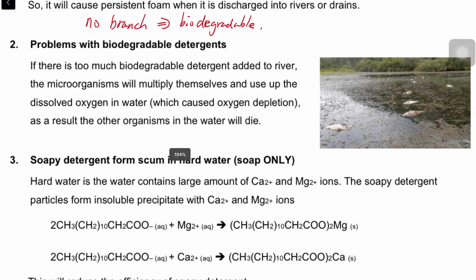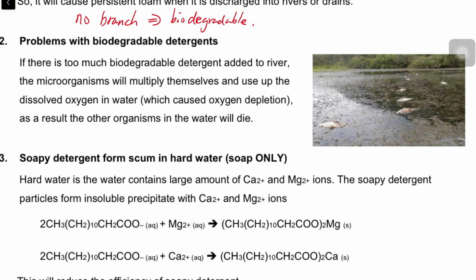The next problem is, now we understand we should produce some detergent without any branch, but this is not the end of the problem. Even though the detergent is biodegradable, if too much detergent is discharged to the river, we need many microorganisms to digest it or break it down.